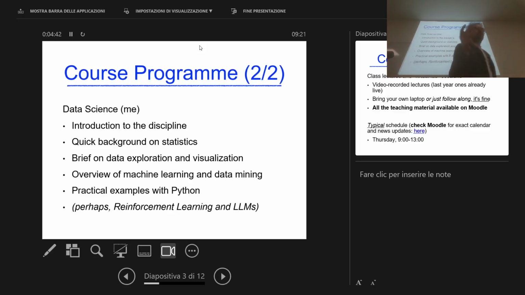It is impossible to cover all the topics in a course, in 6 credits, basically. So that if you need to deep dive into one of these topics, at least you know the basic terminology, you know what to look for, you already have some foundations. So that's the purpose of this half of the course.